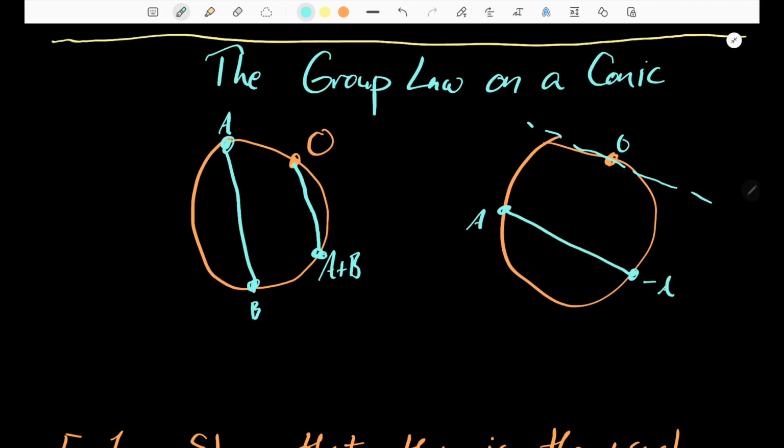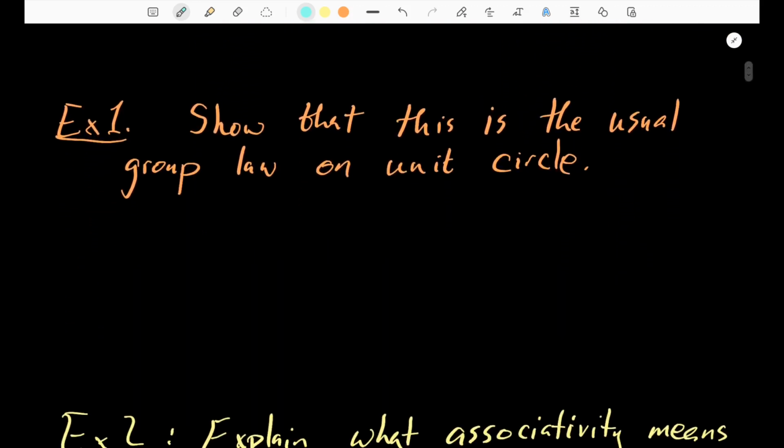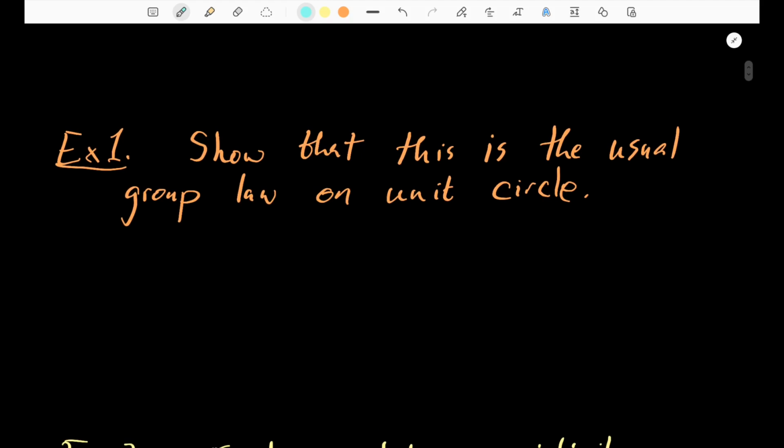All right. So here's a few exercises. Most of them aren't terribly hard, but for one, show that this is the usual group law on the unit circle. I'm going to give you hints for all these exercises. For this one, all you need to do is show that, okay, I've got a couple angles here, say here's phi and here's psi.